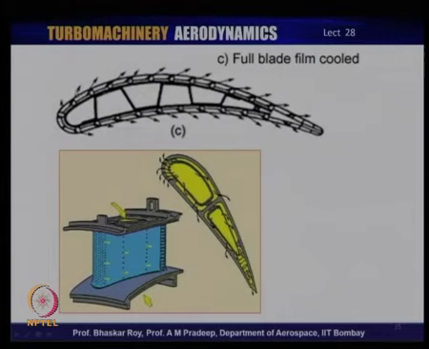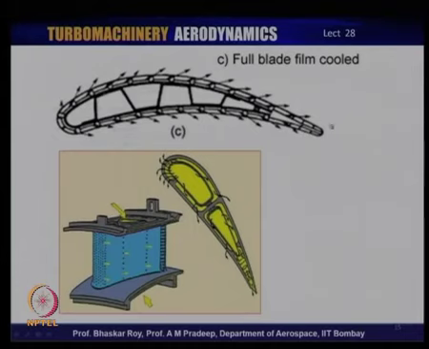The early air gets heated up, so we have to bring in more air. So, on a continuous basis, cold air is brought out to create film on the blade surface, on both the surfaces really, and finally, of course, a certain amount of air may be brought out near the trailing edge to cool the trailing edge area. So, you may bring out the trailing edge air through the trailing edge or through some holes near the trailing edge, which creates film over the trailing edge to cool the trailing edge area.